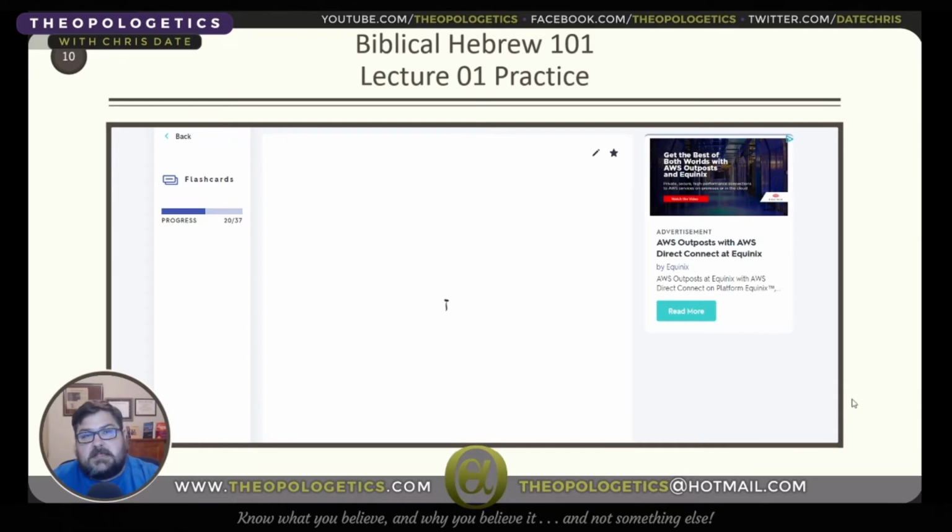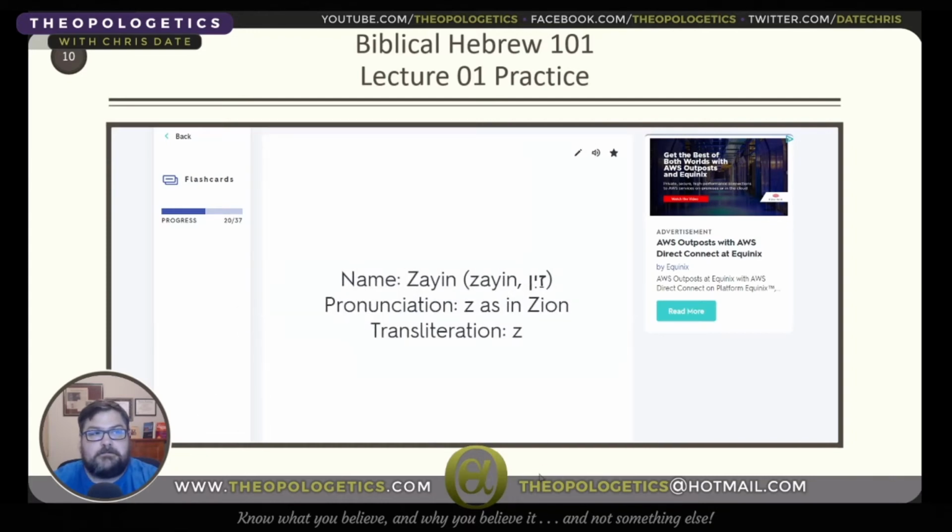So this is the Hebrew letter Zayin, and Zayin makes the sound of the letter Z in zebra or Zion. Zion is in Jerusalem. And it's transliterated using the English letter Z, and it is in no special category of letter.